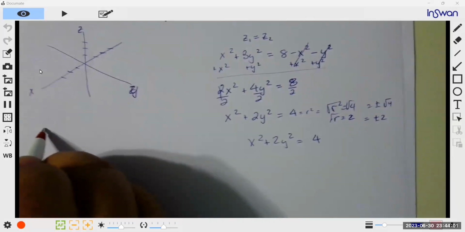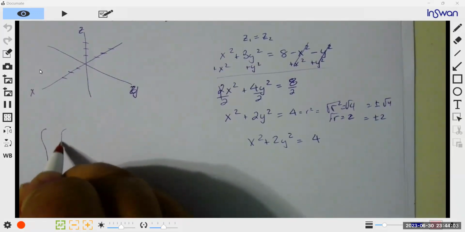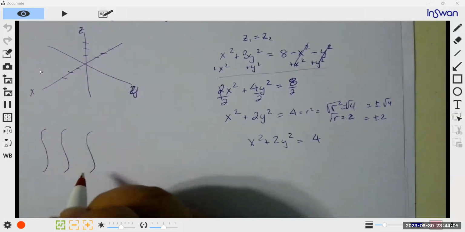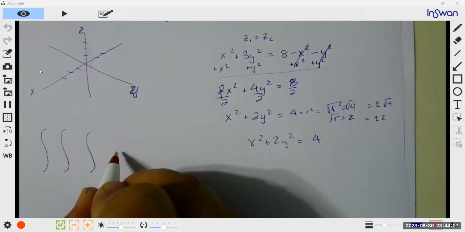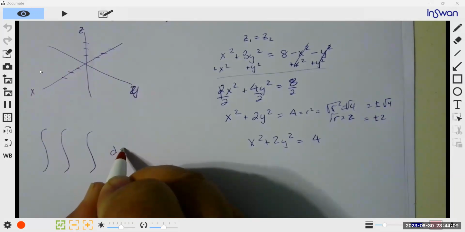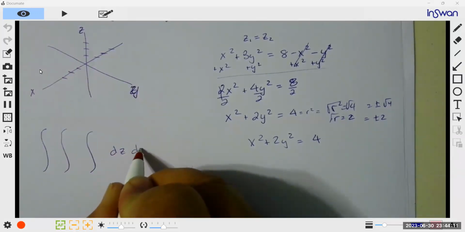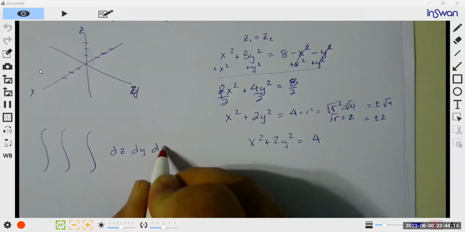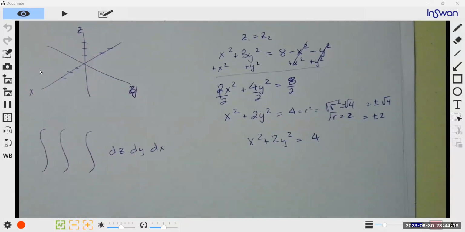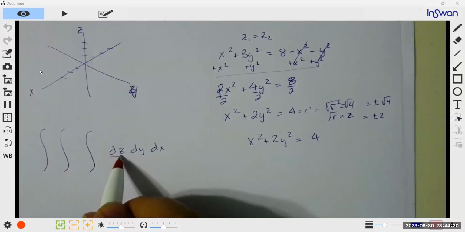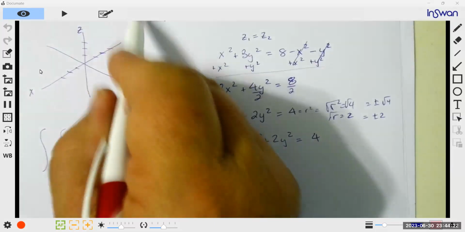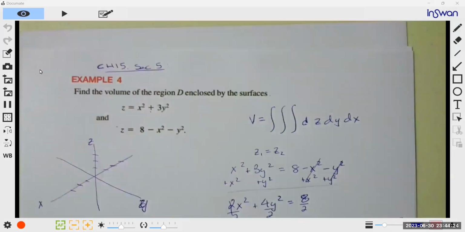So the first integral we're going to look at is dz, then dy, then dx. The z is going from both of the two original equations.